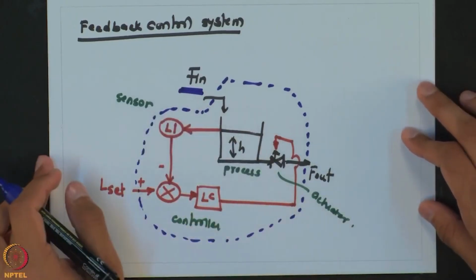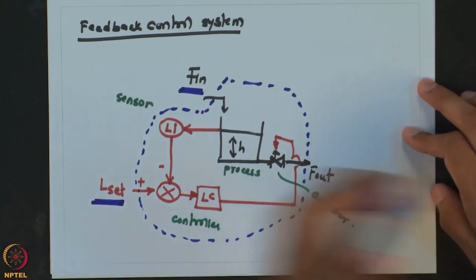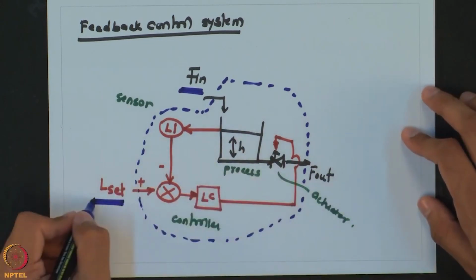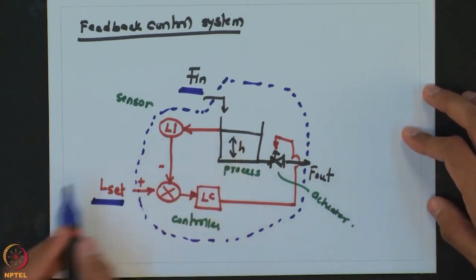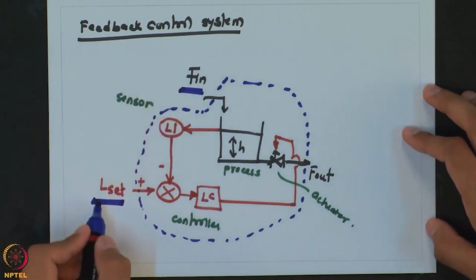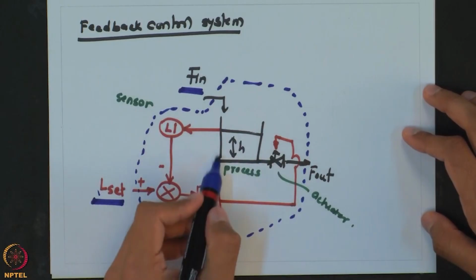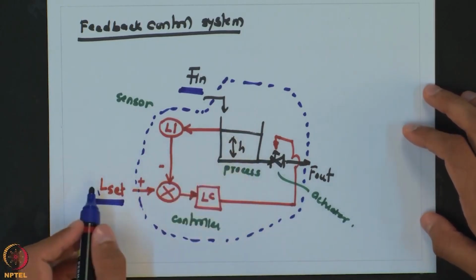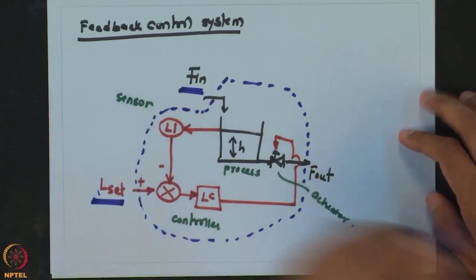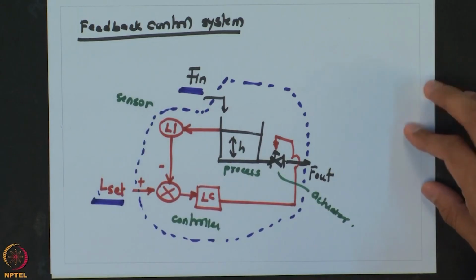The other way we are going to interact with this system is through this desired value. If there is some change in the process and we want to operate this tank at a different level, even though there is no disturbance, we will change the set point, and the control system's objective is to move the system from the current height to the new height, the new L set. So, these will be the two ways we will be interacting with this feedback control system.